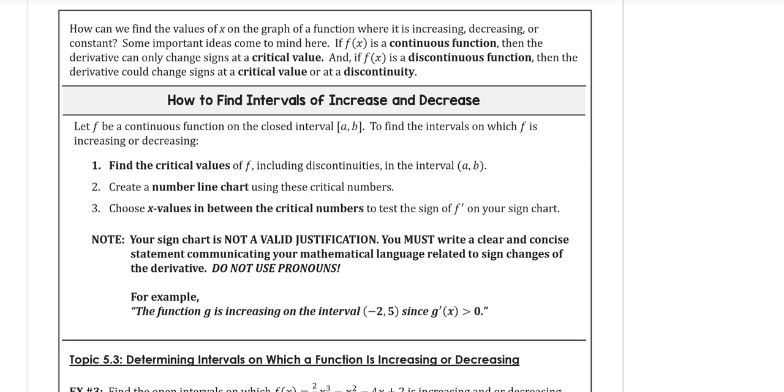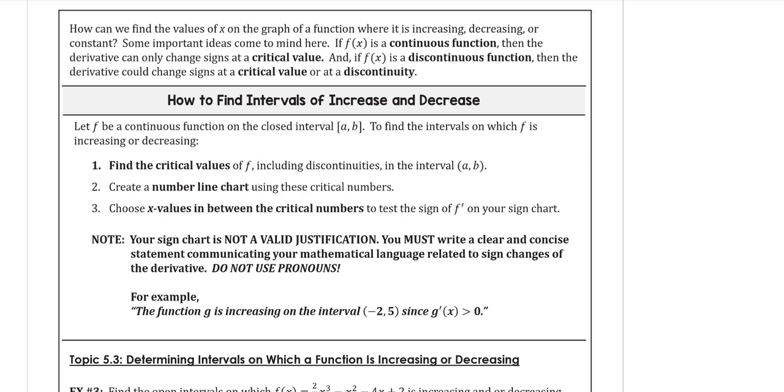Third, we choose x values in between the critical numbers to test the sign of f prime on our sign chart. Now, we've done sign charts in pre-calculus to help us graph functions or find intervals where a function is positive or negative when we were solving polynomial inequalities and rational function inequalities. So this is very similar to that.